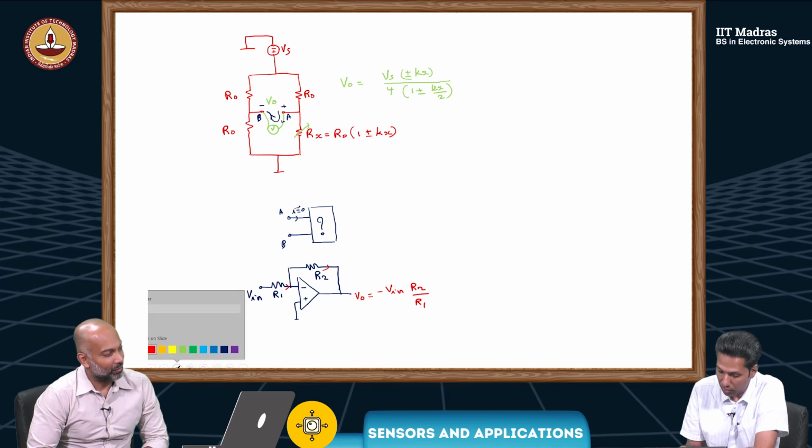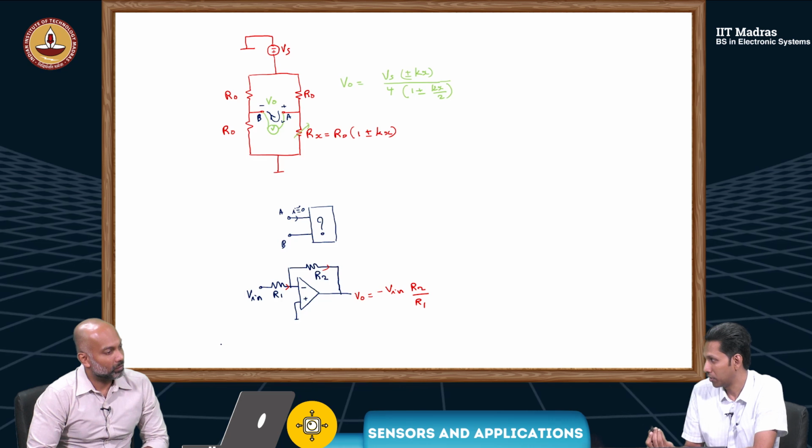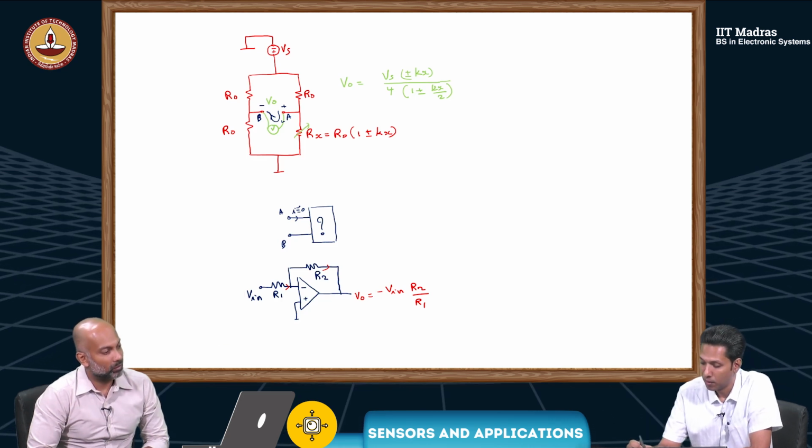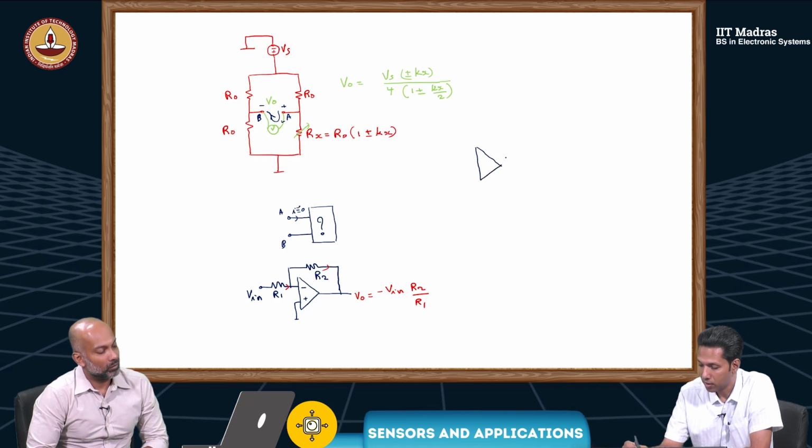The other one, what we know is maybe the non-inverting amplifier, where the configuration is almost the same.